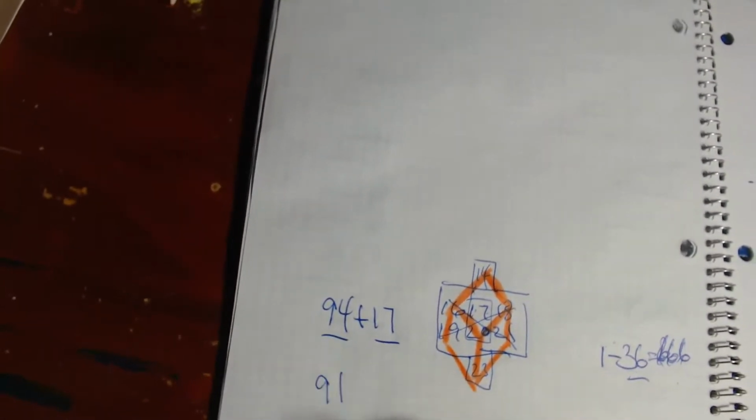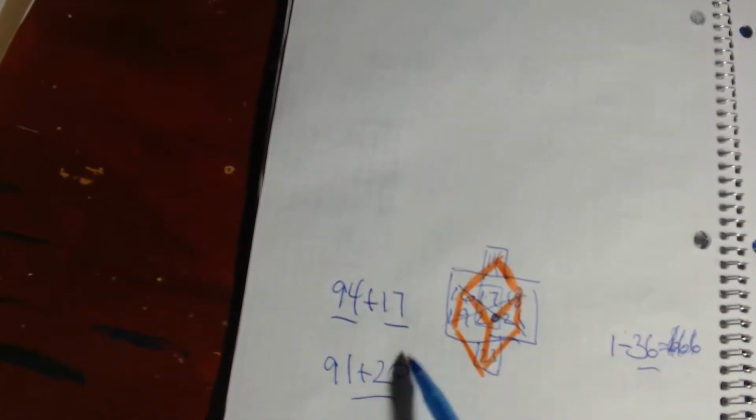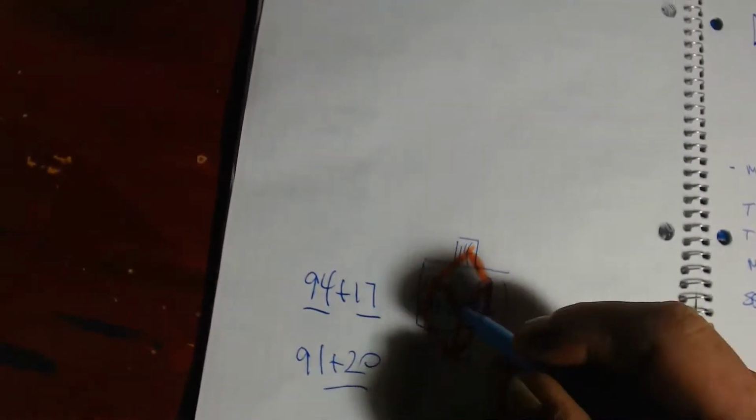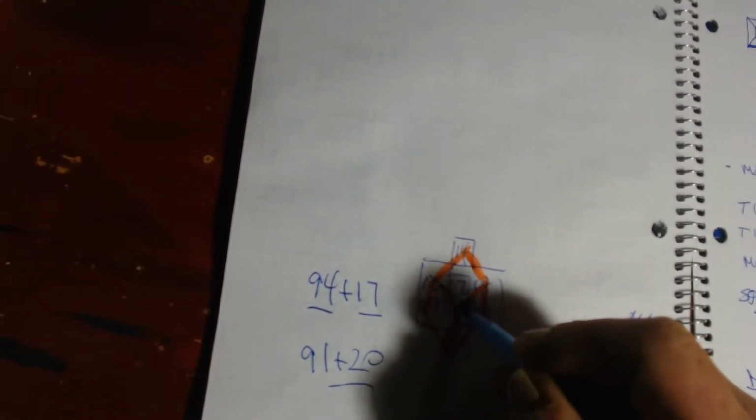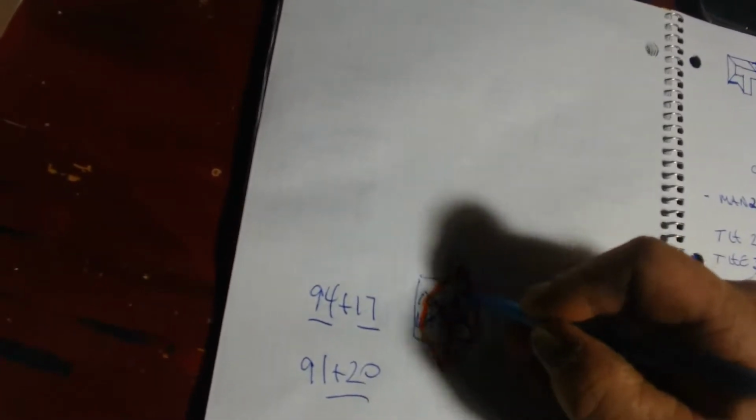So it's going to be 111, take away 17. It's going to be 94 and 17. And the other way will be 91 and 20. These are going to be the two different cubes, the inverted cube. First, I designed the cube using number 20. Now I'm going to design the cube using number 17.